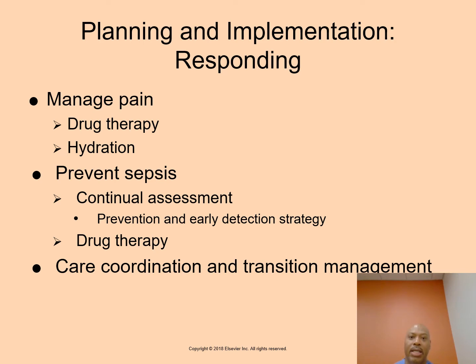As far as care coordination and transition management, these patients and families must be taught how to prevent crisis and complications, such as rehydrating, avoiding extreme temperatures, limiting stress, etc. Want to teach patients to avoid activities that can lead to reduced gas exchange from hypoxia and hypoxemia.